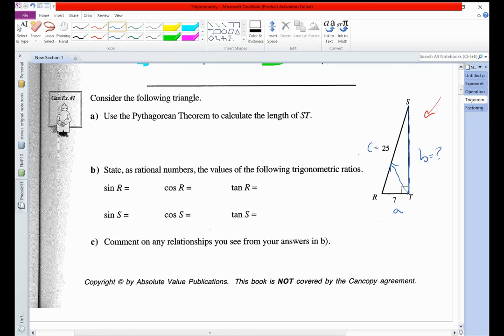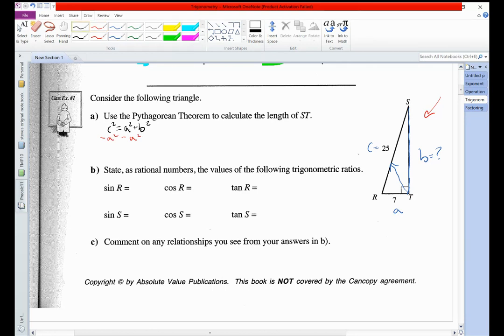So we can use our Pythagorean theorem formula, and it's going to be C squared is equal to A squared plus B squared. But we are looking for B, so we can subtract A squared from both sides.